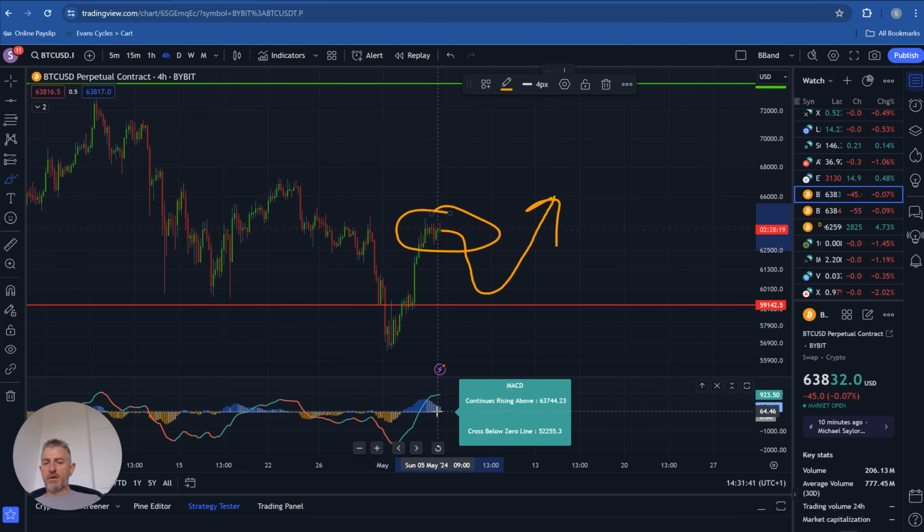I think if the MACD can remain above the zero line along this pullback, it might not happen, but it might just edge its way up, sideways and up from here. But if it does have a pullback, the MACD can remain above the zero line, and the pullback can maintain price action roughly above 60,000, they're not absolute figures, of course, then that would look good for more upside, in my humble opinion.